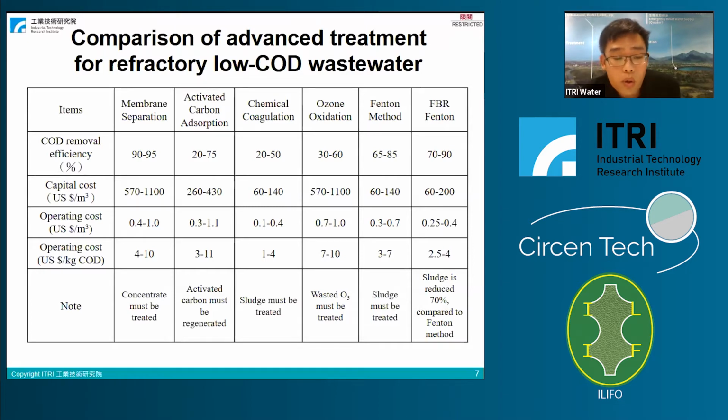The capital cost of the conventional Fenton method is the lowest, but the operating cost of FBR-Fenton is only higher than chemical coagulation. The removal efficiency is only lower than membrane separation. In addition, sludge of FBR-Fenton is reduced 70% compared to the Fenton method.